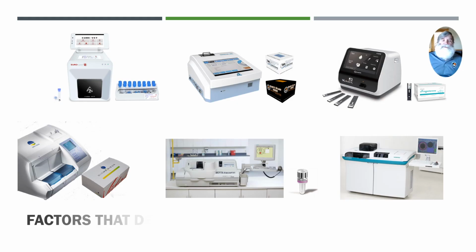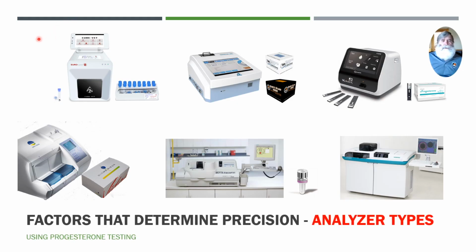All right, for the precision measurements, there are several constituents that have to do with how precise your sample results are going to be. The first one is what you're looking at here, the level of analyzer that you're using. We've got 2 categories here. The bottom one is what I consider clinical level analyzers. They're designed for human use.